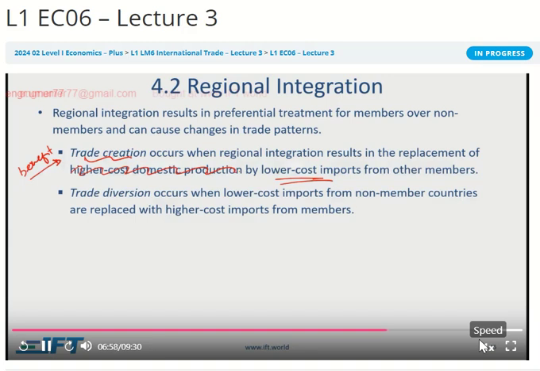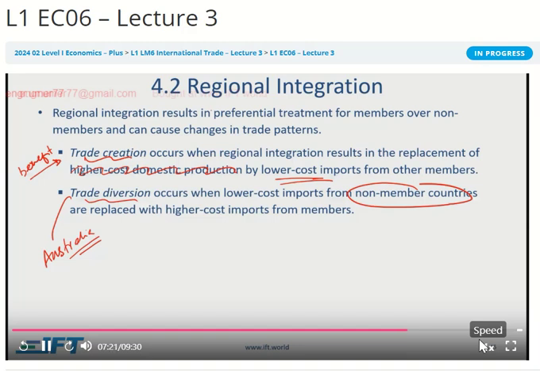If France has low cost wine, then Belgium can benefit from it. However, maybe Australia has even cheaper wine, but Belgium will buy wine from France instead of Australia, because France is a member country and Australia is a non-member country. So this is an example of trade diversion.